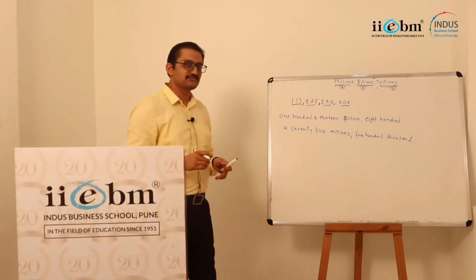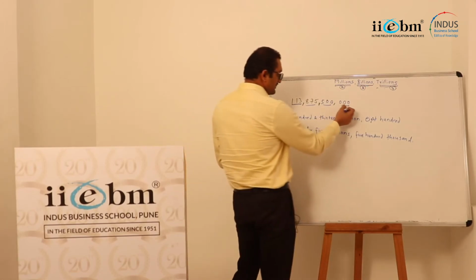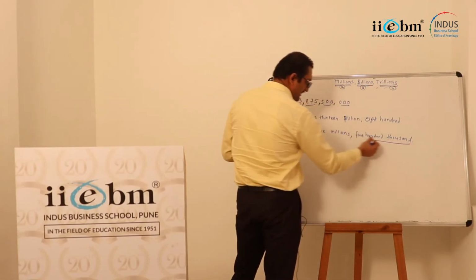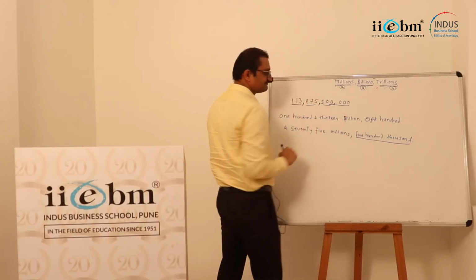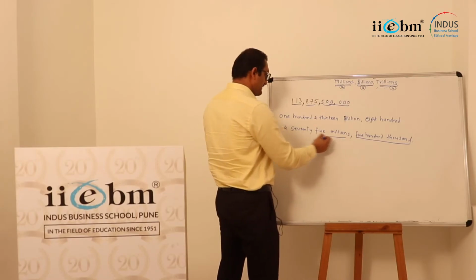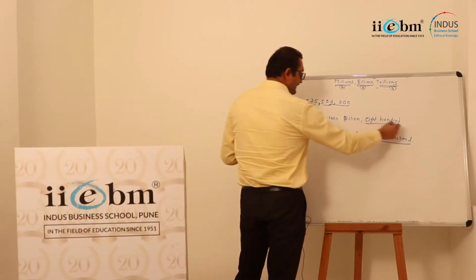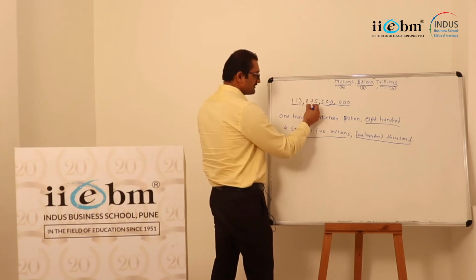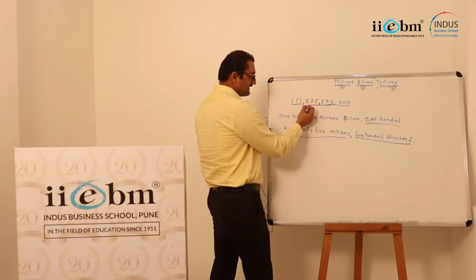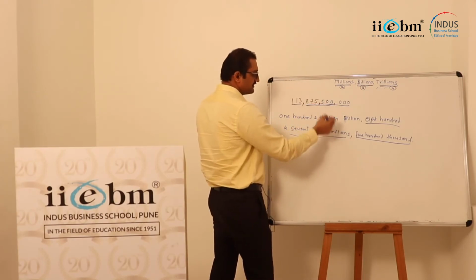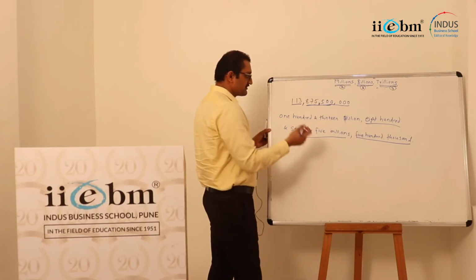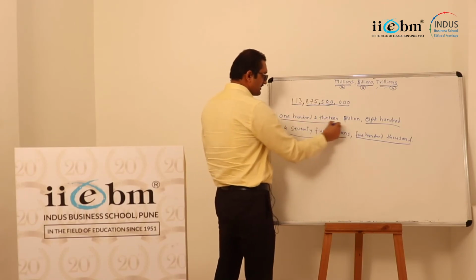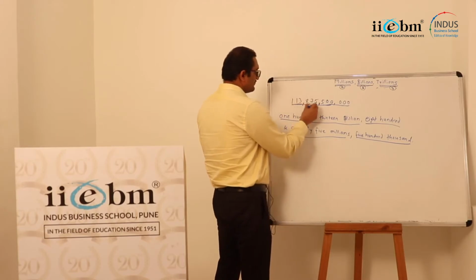So in the backward sense, what I was trying to convey is, when we read this number, we have 500,000, we have 875 million, so this is 875 million 500,000, and this is 113 billion.